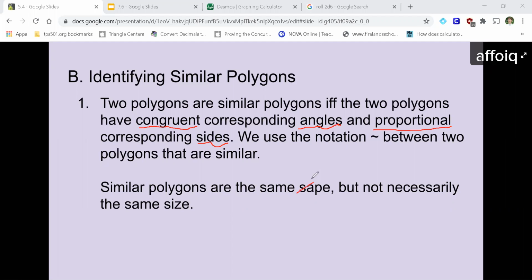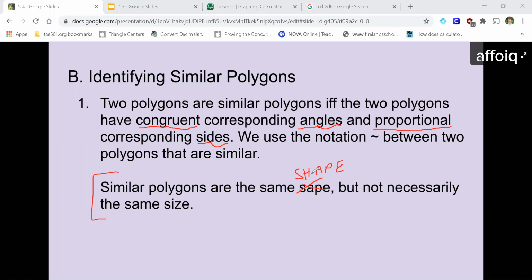So what that means is that similar polygons have to be the same shape, but they don't have to be the same size. They just have to be proportional. One could be twice as big proportionally, or it could be a quarter as big. It could be smaller, which is different than congruence. Congruence had to be the same shape and the same size. Similar just has to be the same shape.